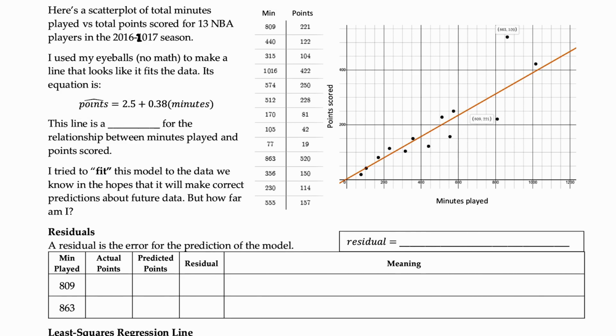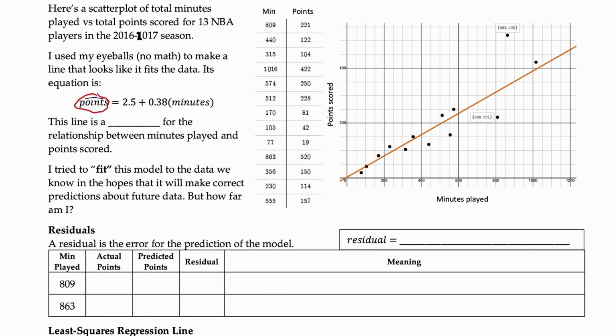So I got points with the little hat on it. Why do I have a little hat on that? Well, that is representing a predicted value. We put a little hat on that in our equation because we want to signify that this equation isn't going to be giving me the exact value here.